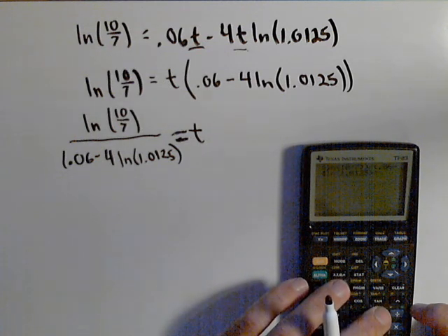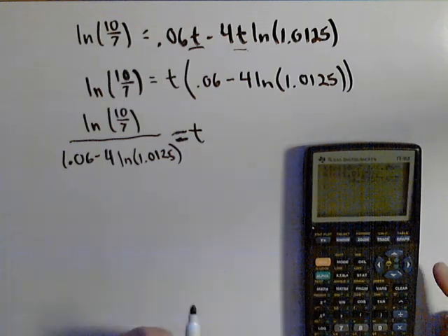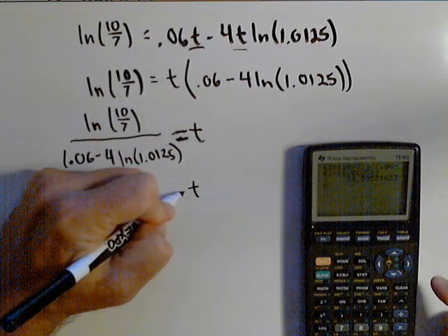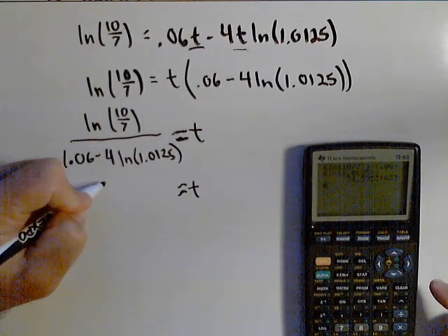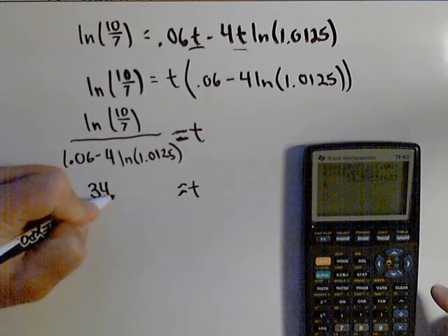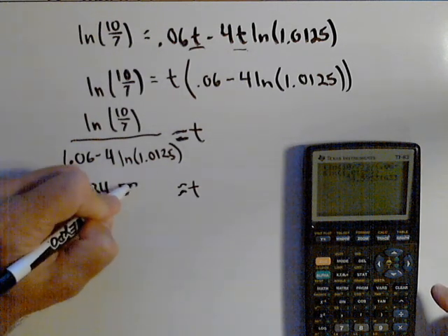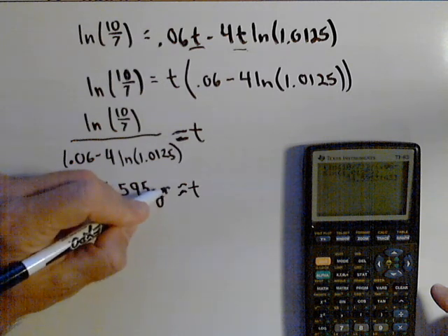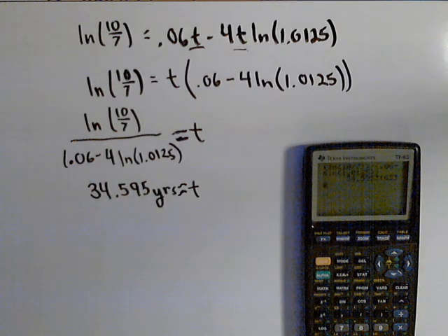Close up the parentheses for the natural log, close it for the denominator, and I've got that it's going to take about 34.595 years, because t is in years. Okay, now that's how we could do it algebraically. Let's talk about how we could do it straight from the beginning.